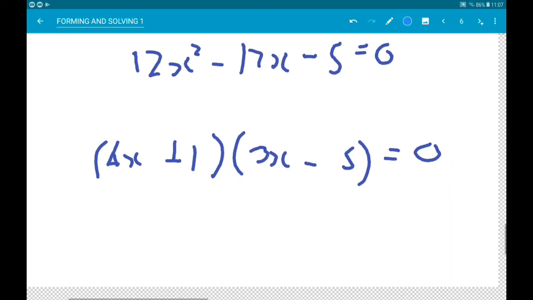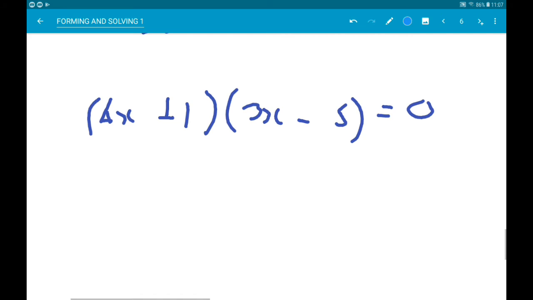From here then, so this is just a horrible question all the way through. To solve horrible quadratics like this, you set whatever is inside each bracket equal to 0. So on the left, either we get 4x add 1 is equal to 0, subtract 1, divide by 4, x is minus a quarter.